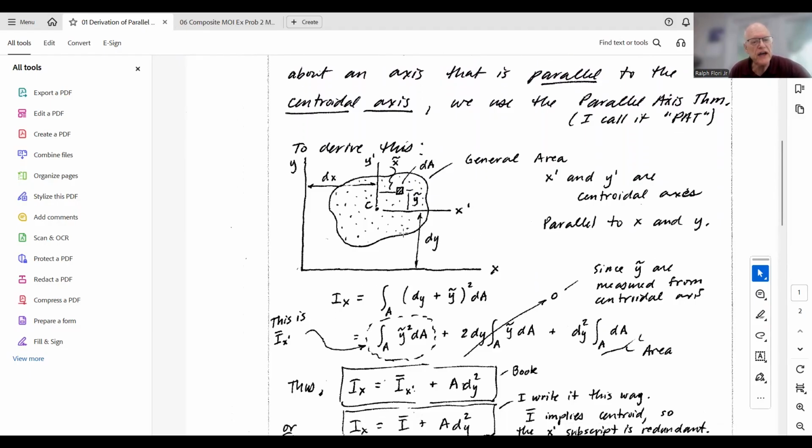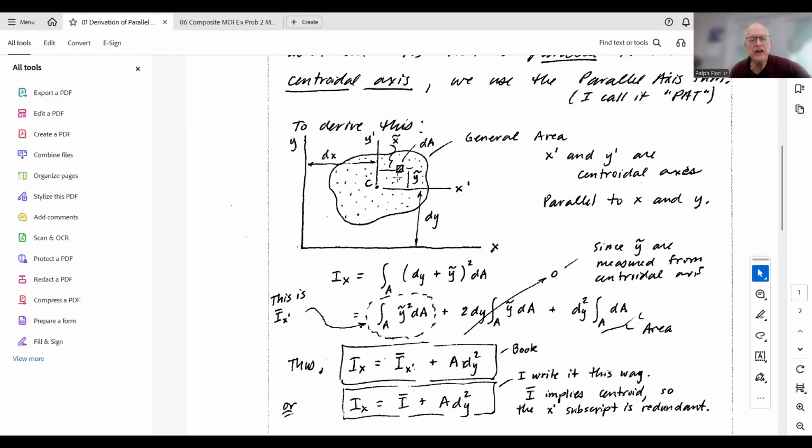If you have an area that has a centroid at C and centroidal axes x prime and y prime, it's located some distance from the y and the x-axis. The distance from the x-axis to x prime is dy. The distance from the y-axis to the y prime axis is dx.